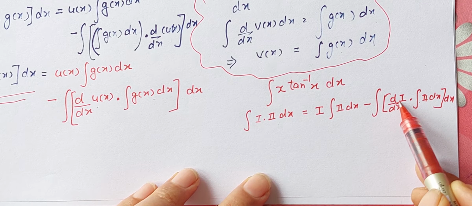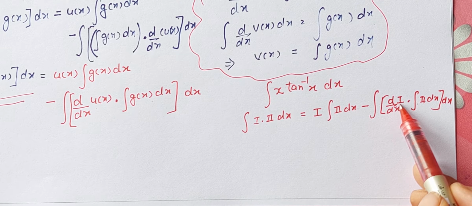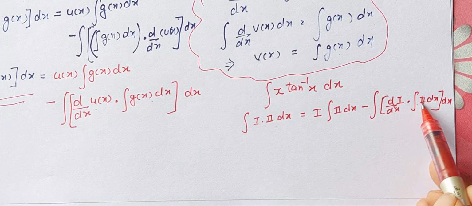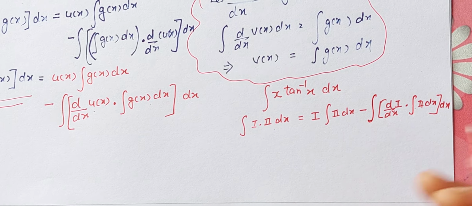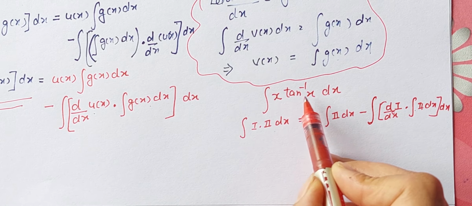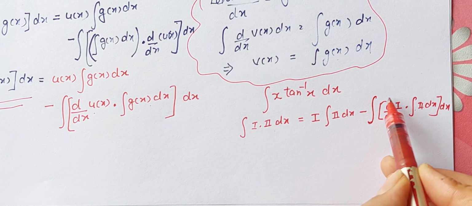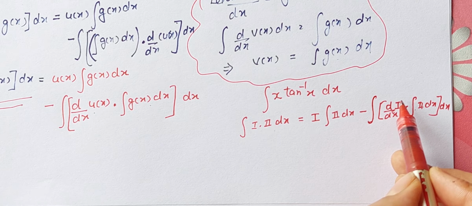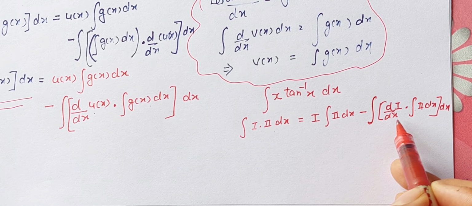Okay, so the first function chosen should be such that afterwards the integration does not create any problem. So what should we choose here? See, if we choose tan inverse x as the first function, what would be its derivative? Its derivative is going to be 1 over 1 plus x square, no?